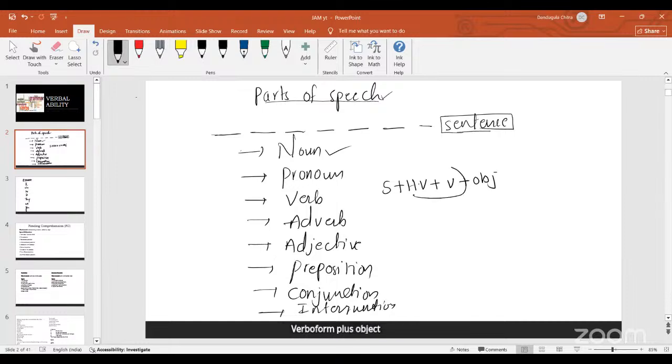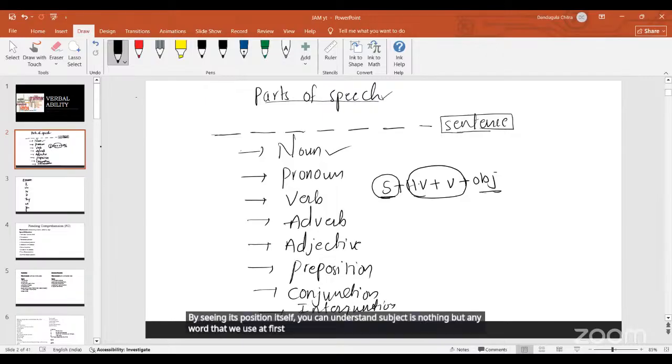I'll talk about helping verbs and verb forms in the next topic, tenses. So simply you can observe subject and object by seeing their position. Subject is any word that we use at first, in the first place of any sentence.